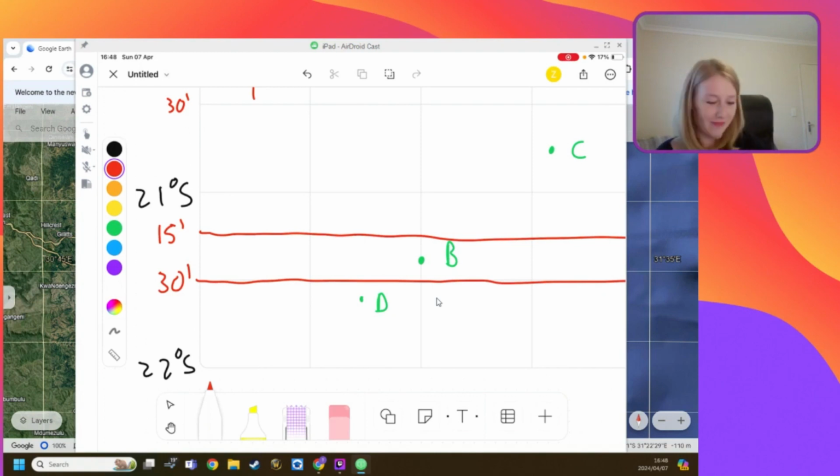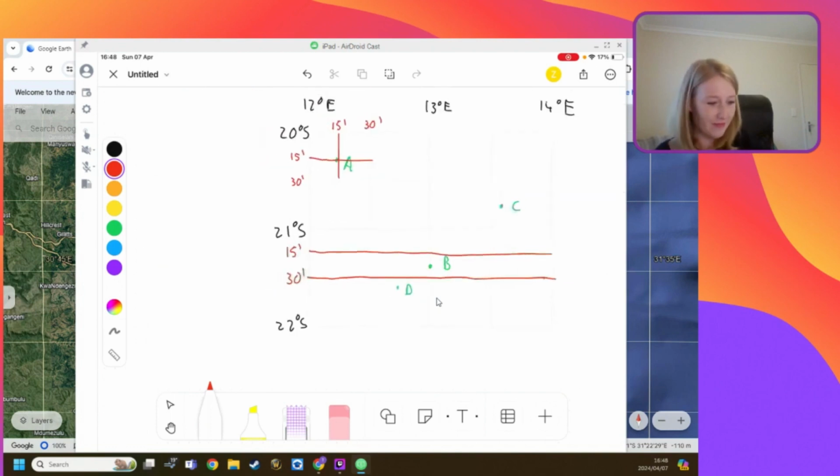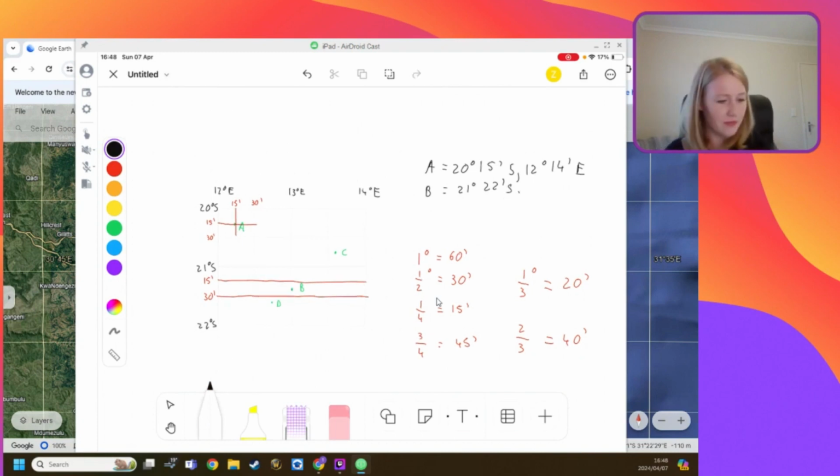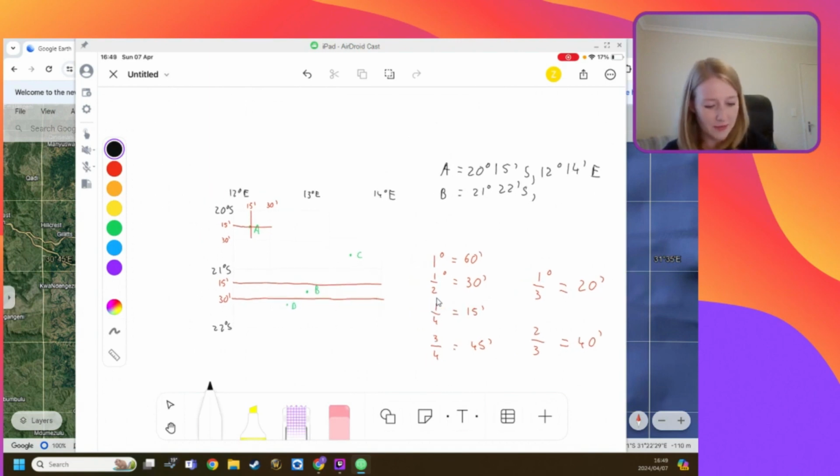Go with 22. 22 minutes south. Oh dear, why did I write so skip south? Now let's try east.